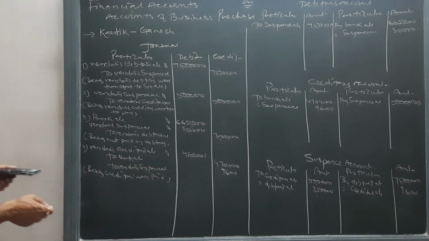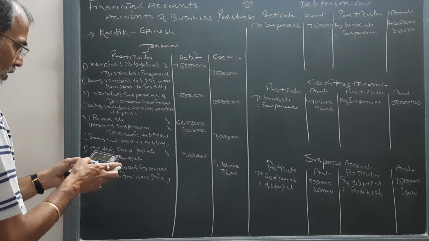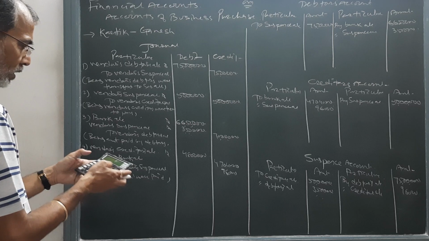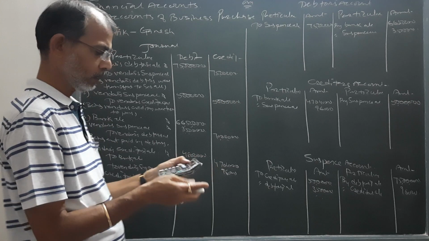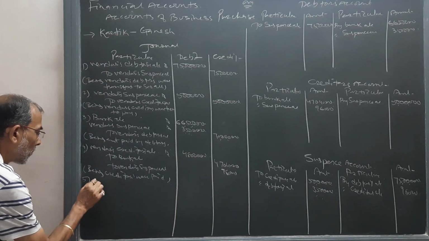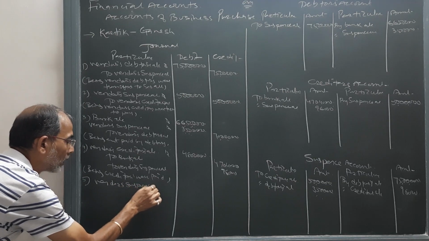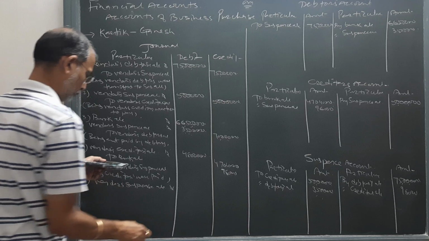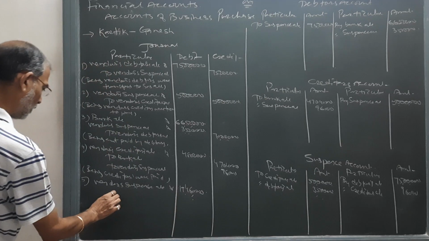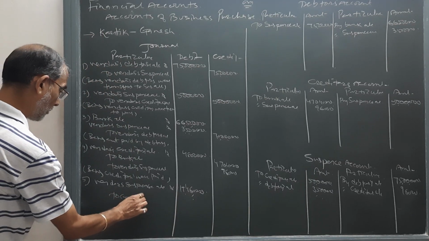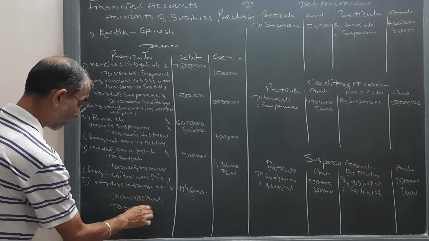So vendor's suspense account debit 19 lakh 46,000 to commission account to bank account.